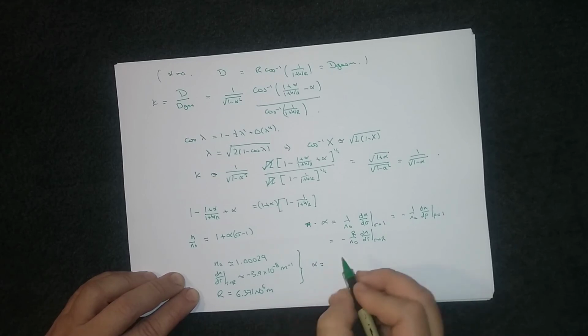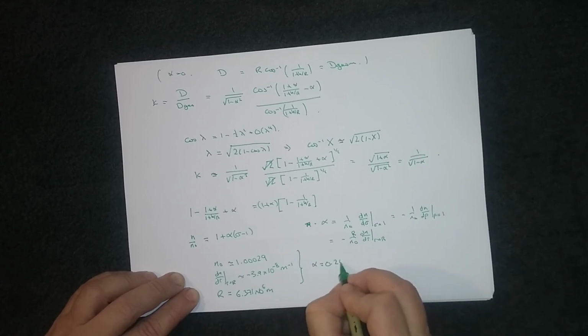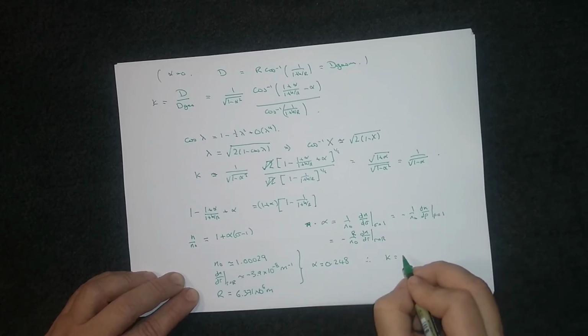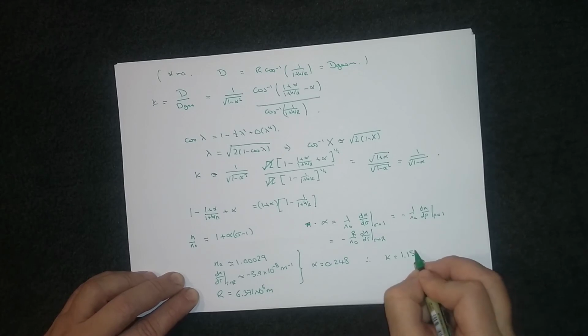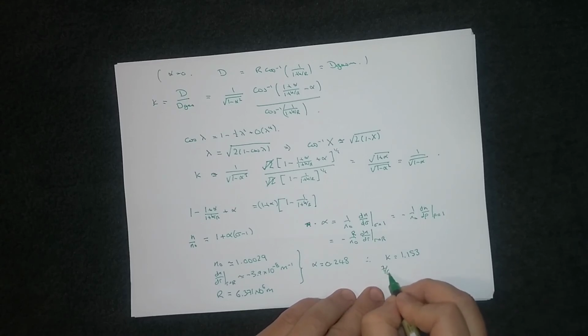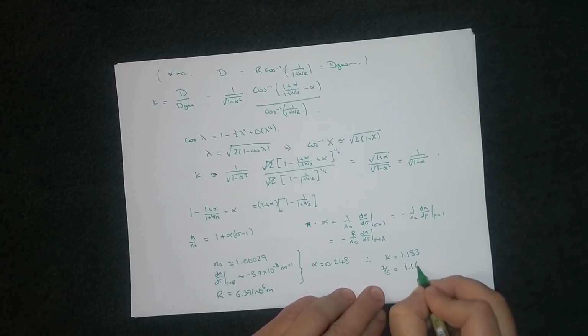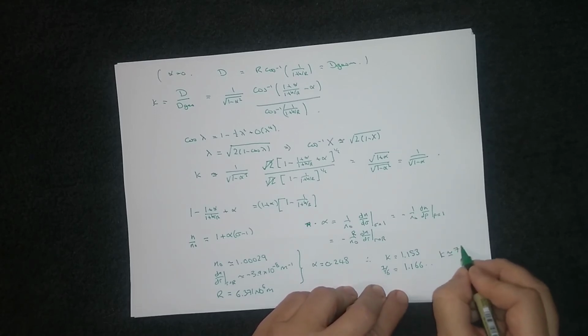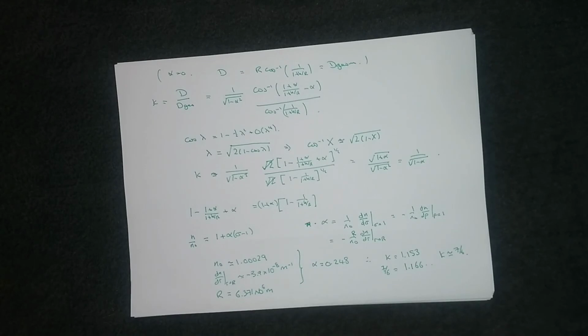This gives me a value of alpha of 0.248 and therefore a value of k of 1.153. We can compare this to 7 over 6, which is 1.166. So k is approximately 7 over 6, which shows that the apparent horizon under typical atmospheric conditions is further away than the geometric horizon by a factor of roughly 7 over 6.